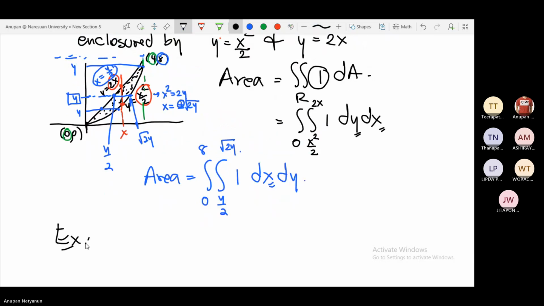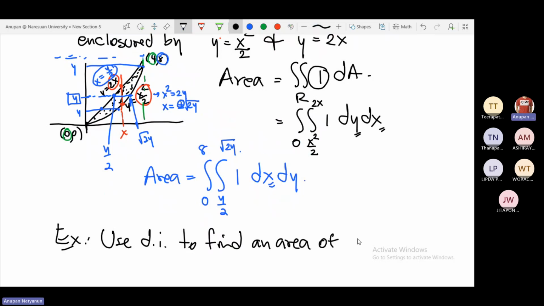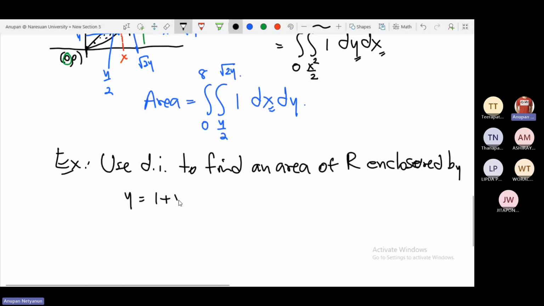Example: use a double integral to find the area enclosed by y equal to 1 plus x squared and y equal to 2x squared.